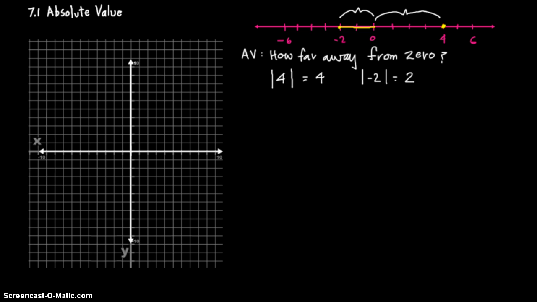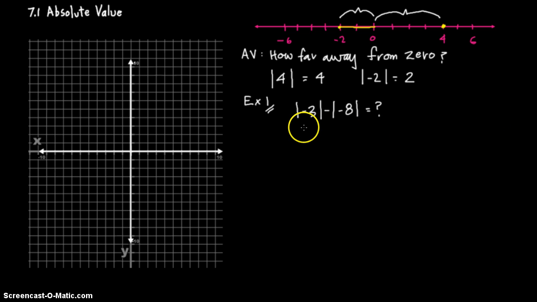So let's look at an example of how we would use that in equations. I could say, for example, the absolute value of negative 3 minus the absolute value of negative 8. What is that equal to? I have no idea. Well, actually I do. Let me show you how to do it.